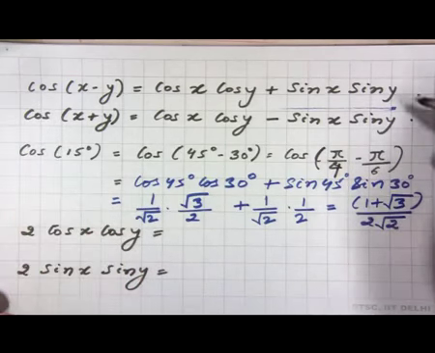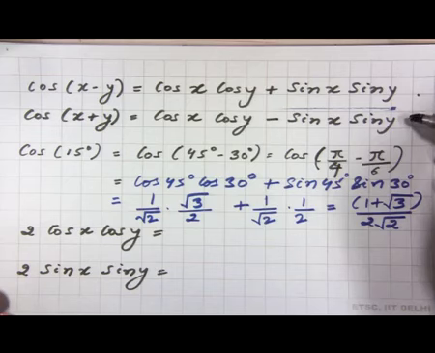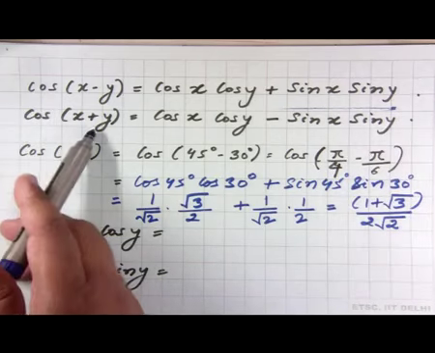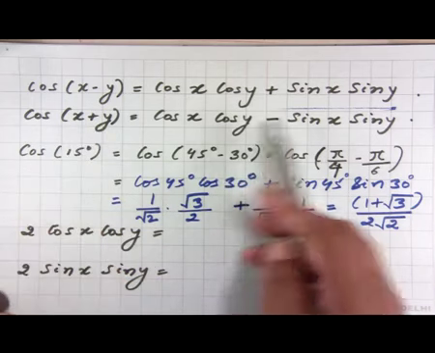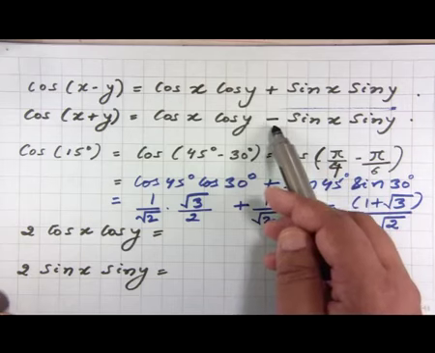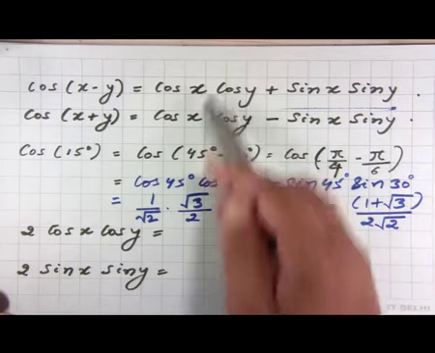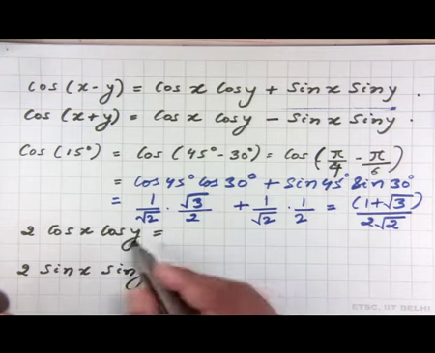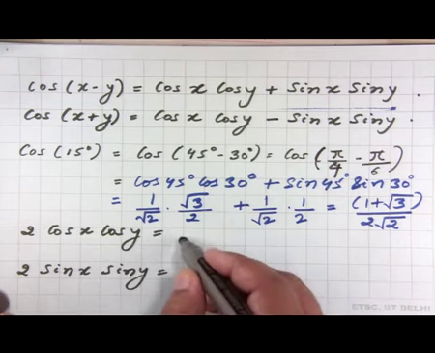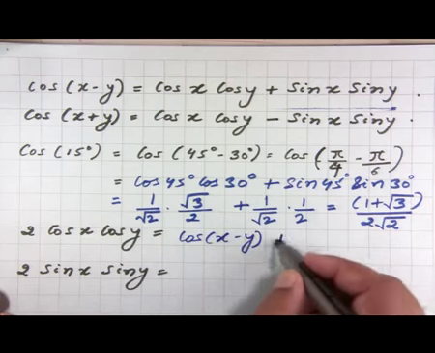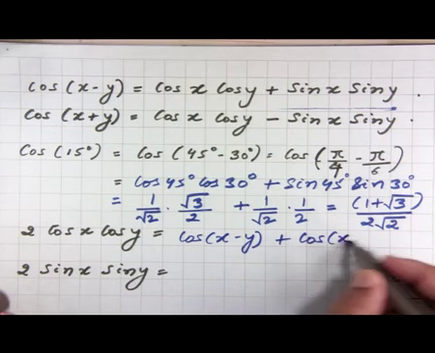If we add up these two equations, on the left hand side we are going to get cos of x minus y plus cos of x plus y, and on the right hand side sin x sin y is going to cancel because there is a plus here and a minus here, and these two will get added up and we get 2 cos x cos y. Therefore 2 cos x cos y is equal to cos of x minus y plus cos of x plus y.